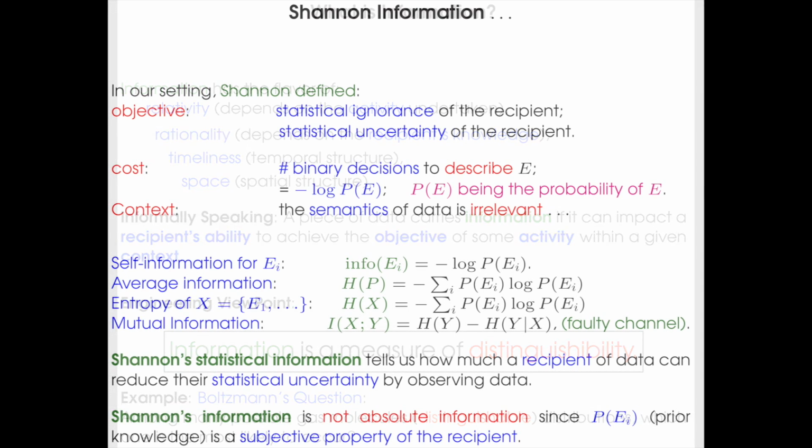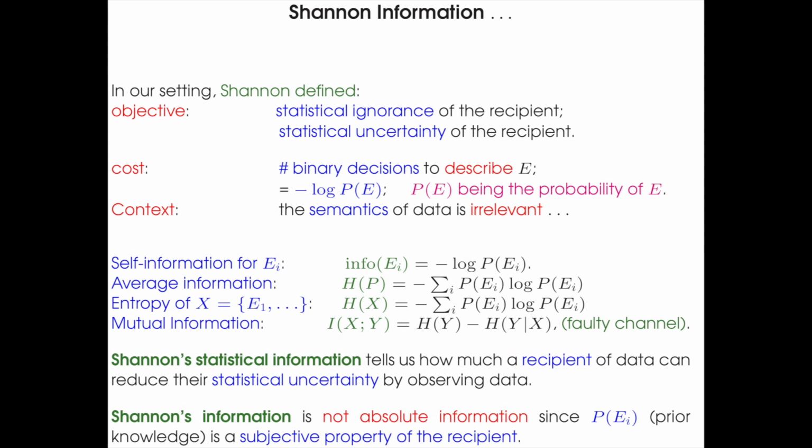I think I'm ready now to go to Shannon, what Shannon did. Shannon defined statistical information as the reduction of statistical ignorance or statistical uncertainty. How much do I surprise you when I show you something, when you see one of the many messages?